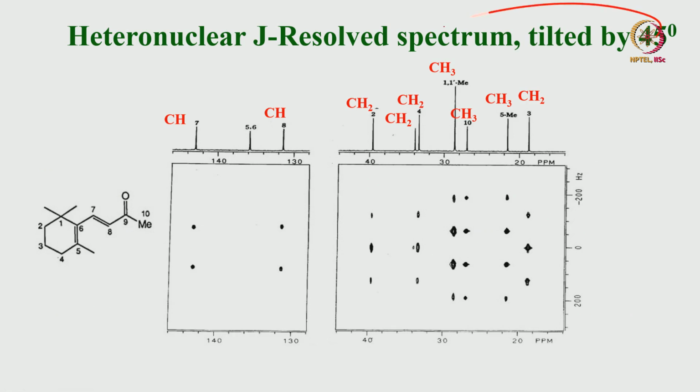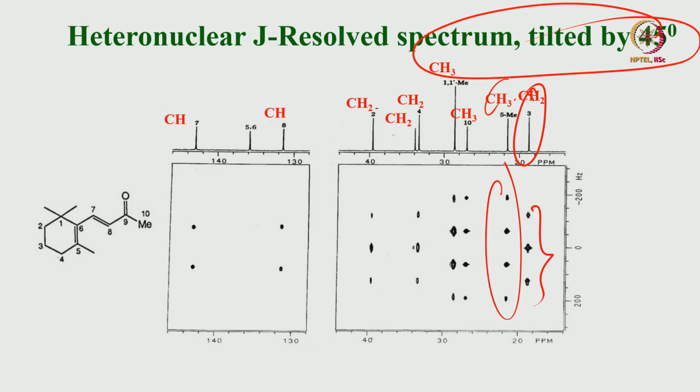Here is the heteronuclear J-resolved spectrum tilted by 45 degrees. This also gives J coupling and chemical shift on the F2 dimension. For example, this is a CH2 carbon. CH2 is a triplet because of coupling of the carbon with 2 protons. CH3 is going to be a quartet.